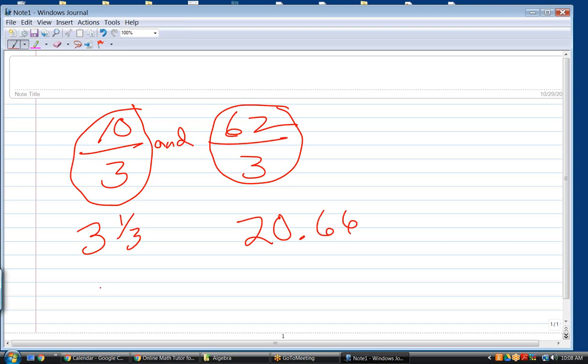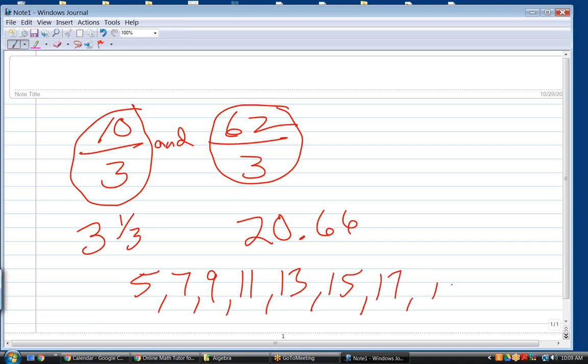Now, when they say how many odd integers, integers are whole numbers. You know what odd numbers are. What's the first one that is between these two? 5. That's it, right? 1, 2, 3, 4, 5, 6, 7, 8.